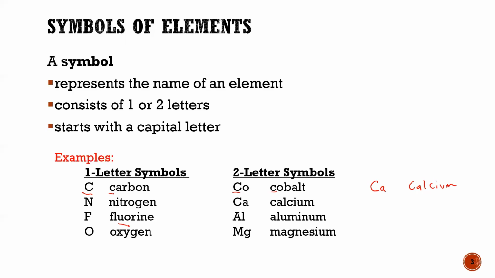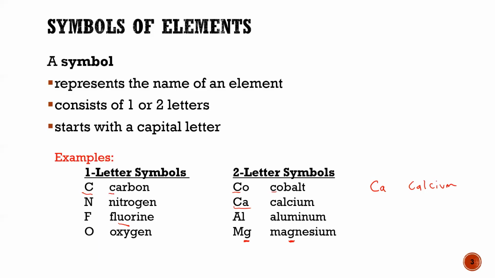We look at oxygen, O. Here's calcium. I wrote it before I even realized it was the next one, but that's okay. We have aluminum and we have magnesium. If you look at magnesium, what's interesting is that the second letter, the lowercase letter, is not the second letter in the name, but rather the third.